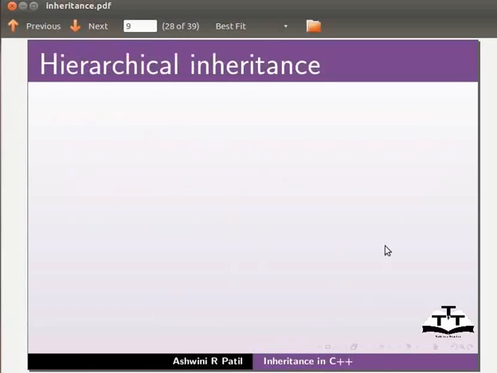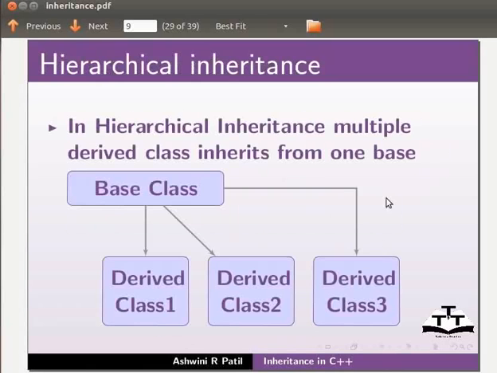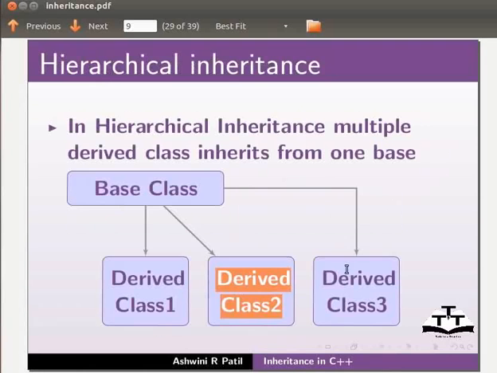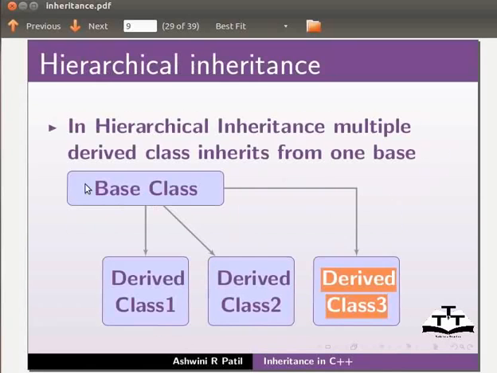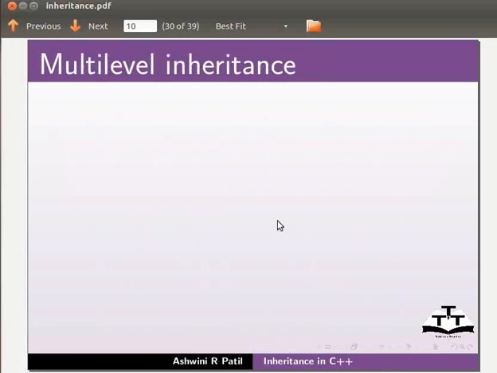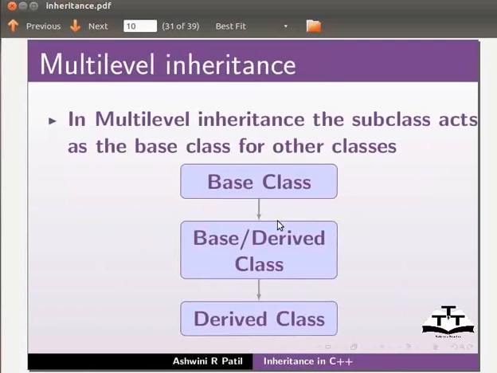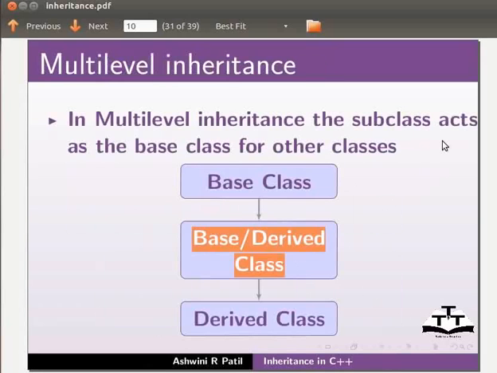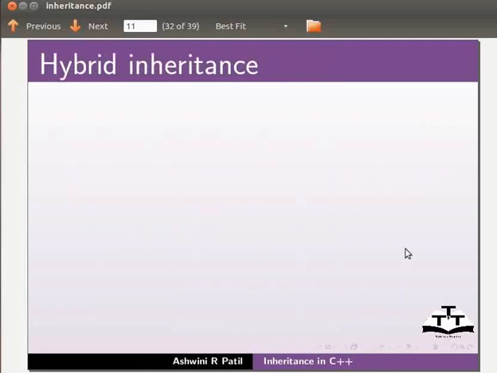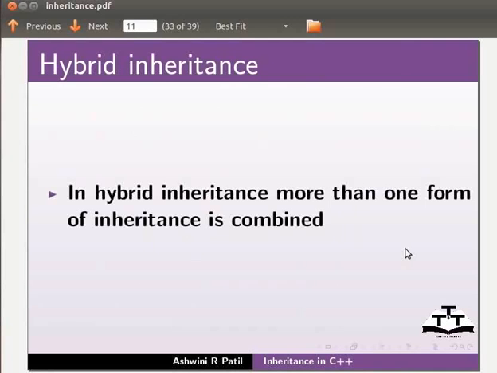Hierarchical inheritance: in hierarchical inheritance, multiple derived classes inherit from one base class. Multi-level inheritance: in multi-level inheritance, the subclass acts as the base class for other classes. And hybrid inheritance: in hybrid inheritance, more than one form of inheritance is combined.